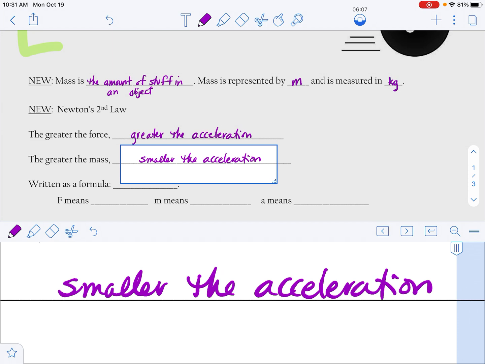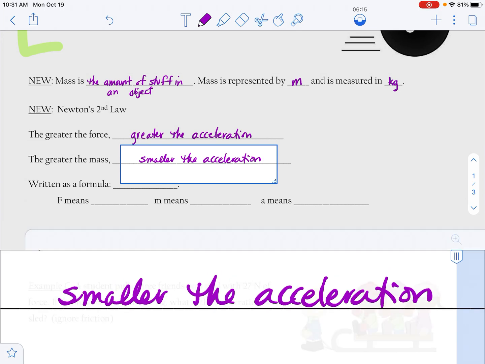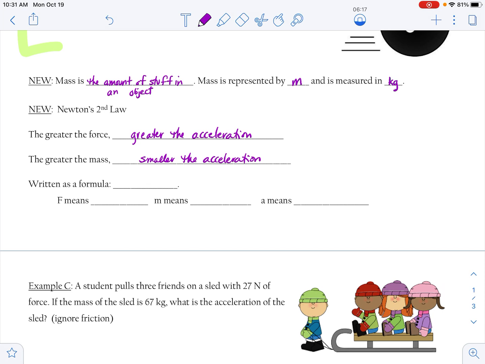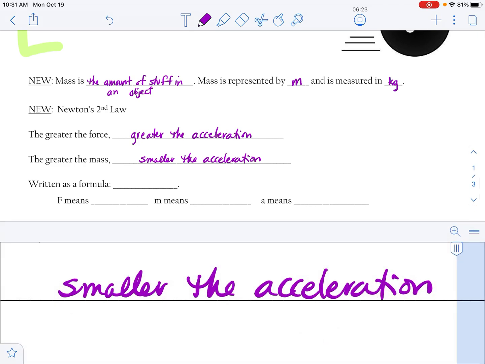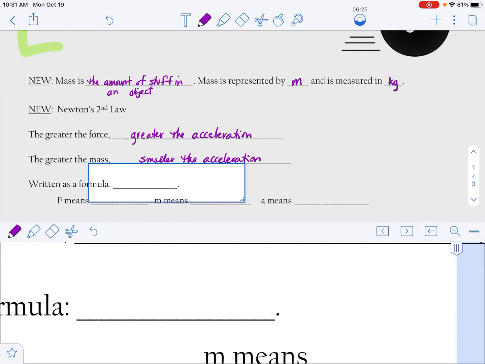Okay, so the bigger something is, the more you have to push it in order to get it to move or stop moving, right? So the greater the force, the greater the acceleration. The greater the mass, the smaller the acceleration. Okay, so those are how those three things are related to each other. And if we were to write that as a formula, we would say acceleration is equal to the net force divided by the mass.